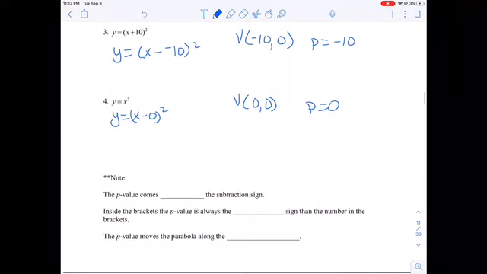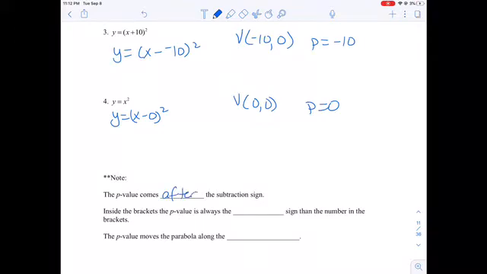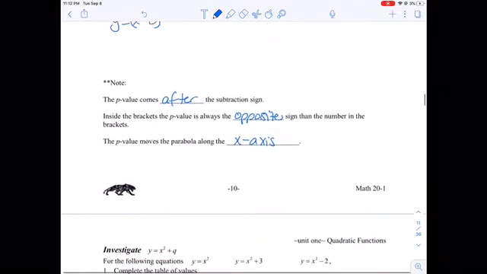Note the p-value comes after the subtraction sign inside the brackets. The p-value is always the opposite sign than the number in the brackets. The p-value moves the parabola along the x-axis, or the horizontal axis.